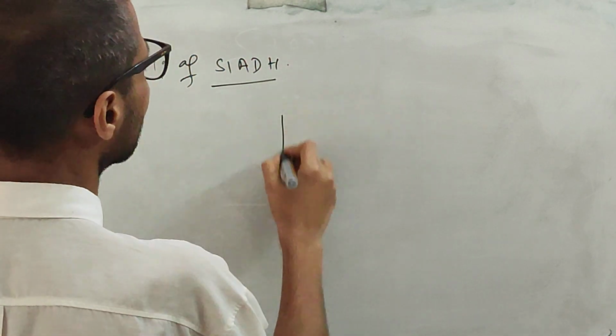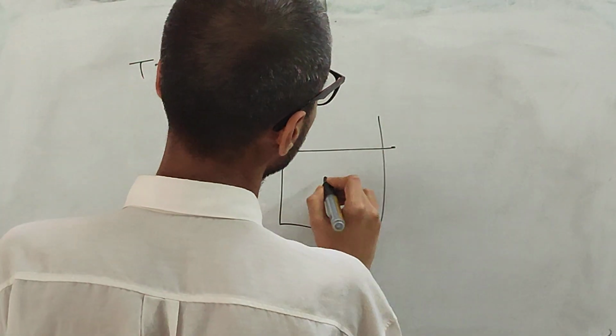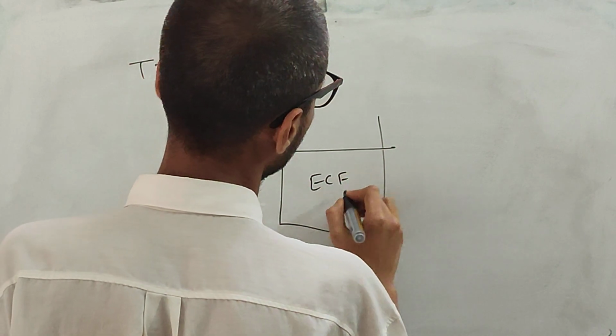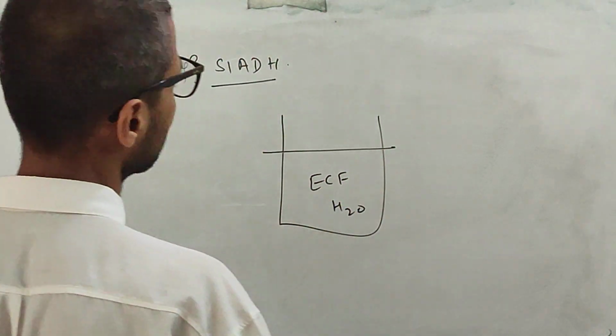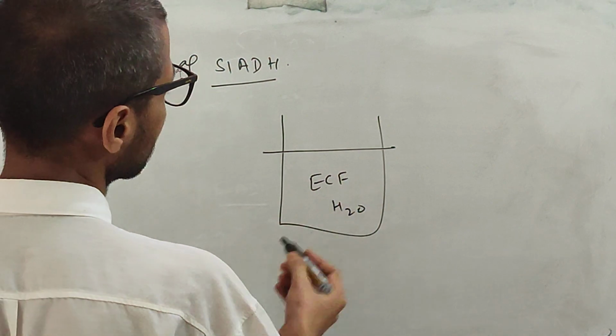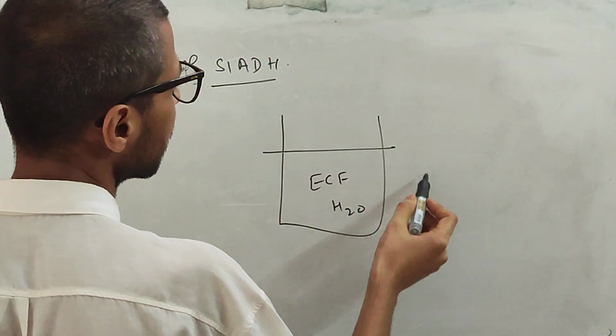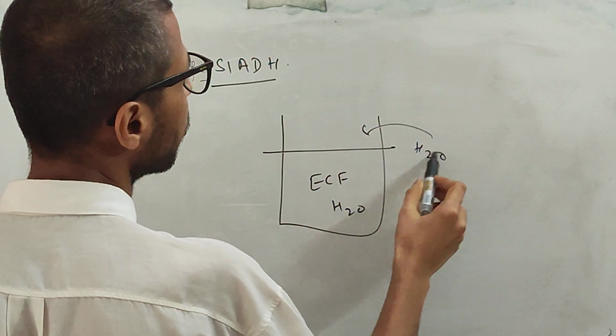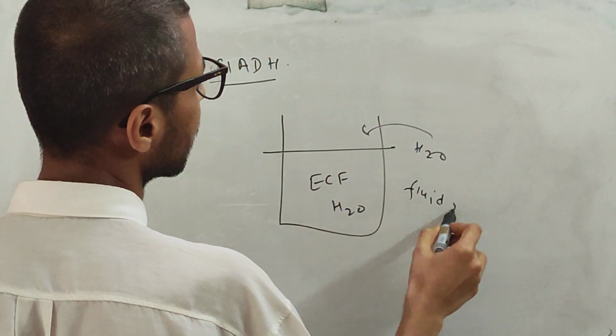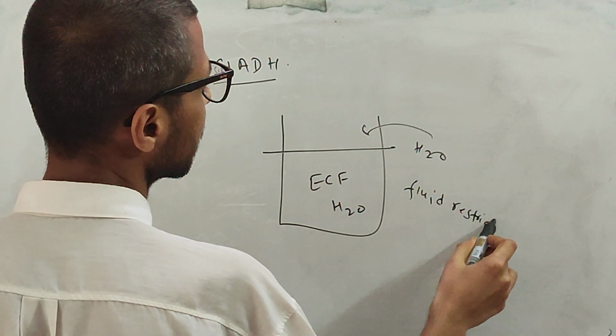So you know that the extracellular compartment is increased with free water. There is more free water in the extracellular compartment. So what is the treatment? If the patient is mildly symptomatic or asymptomatic, you restrict adding more water. So fluid restriction initially.